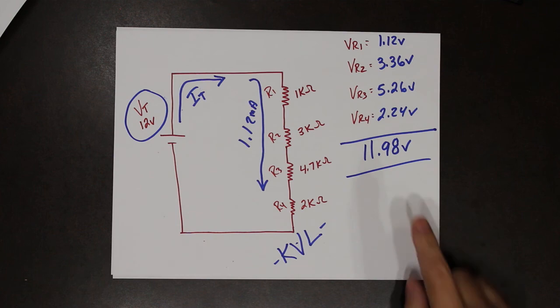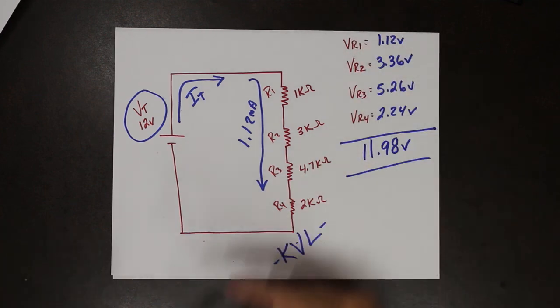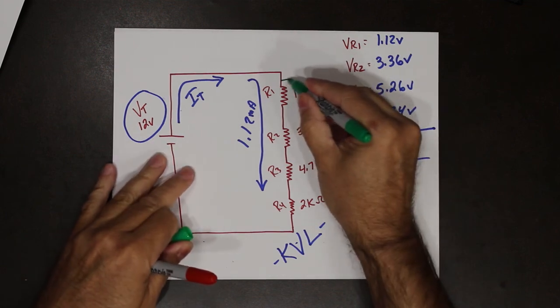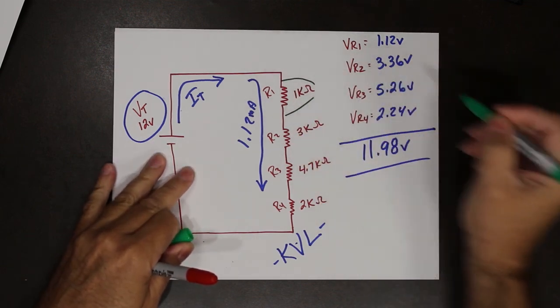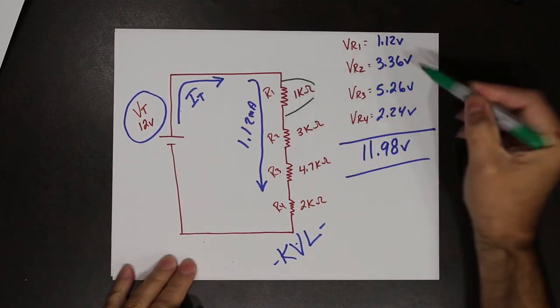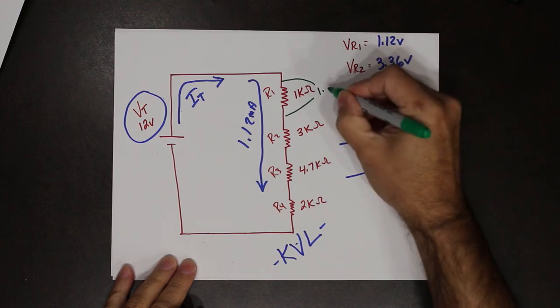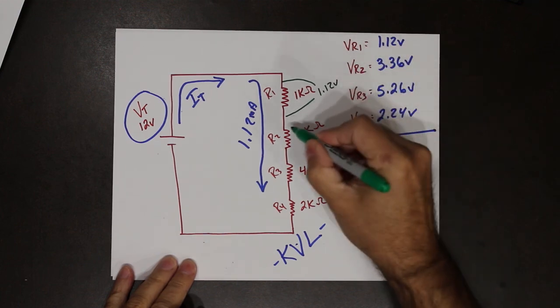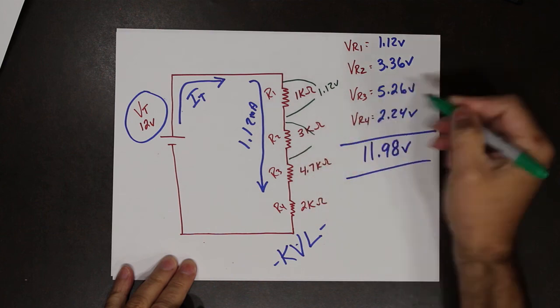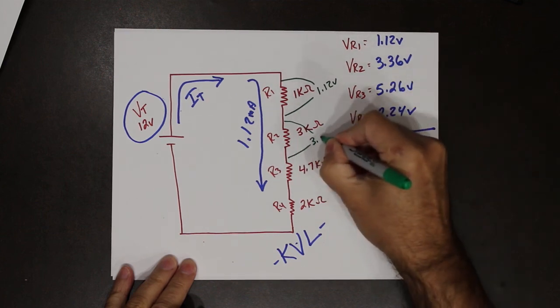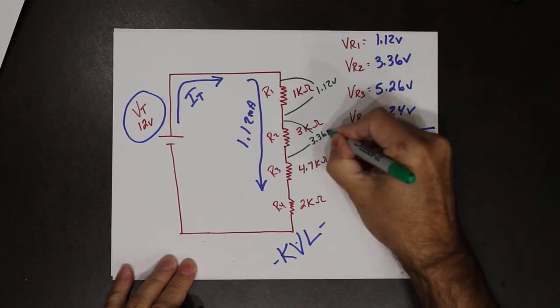So again, VR1, that is the difference in potential from one side of the resistor to the other, 1.12 volts. This one here, 3.36 volts.